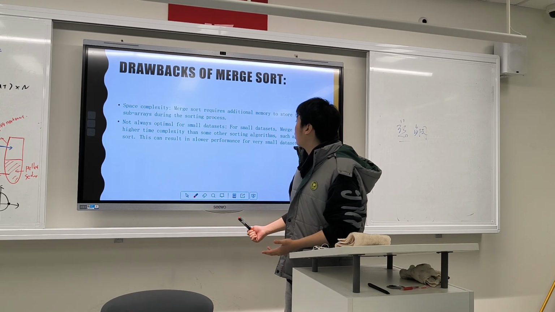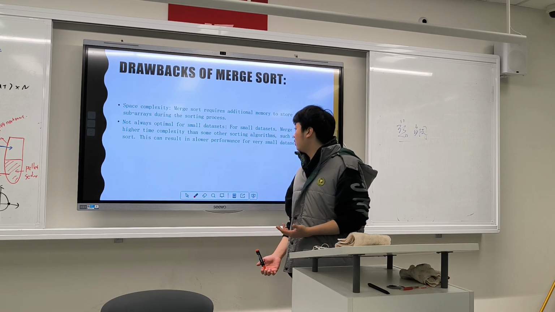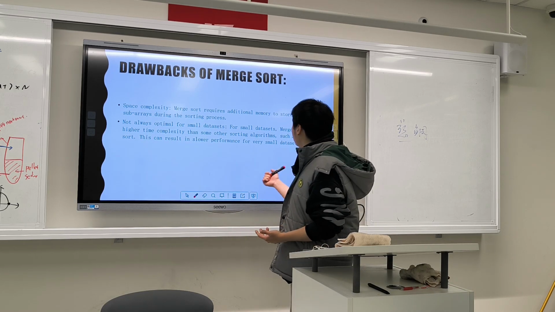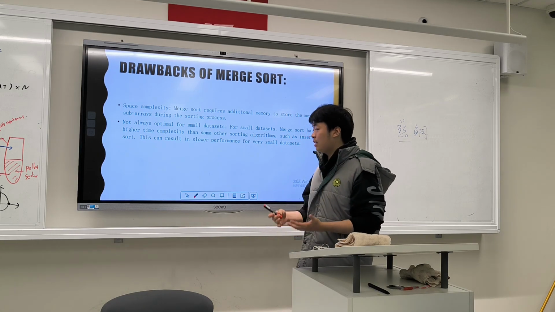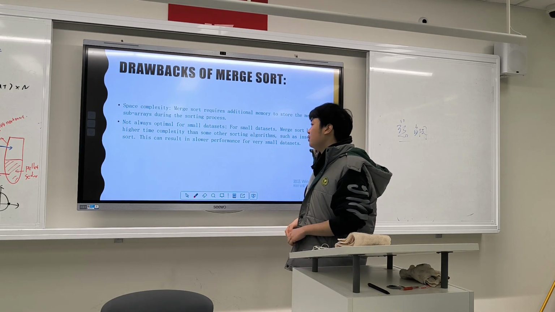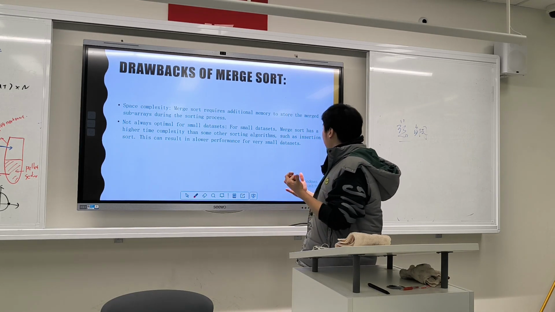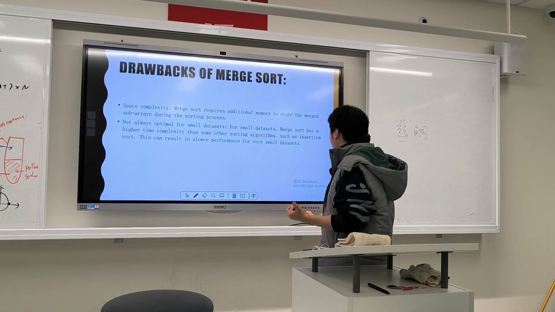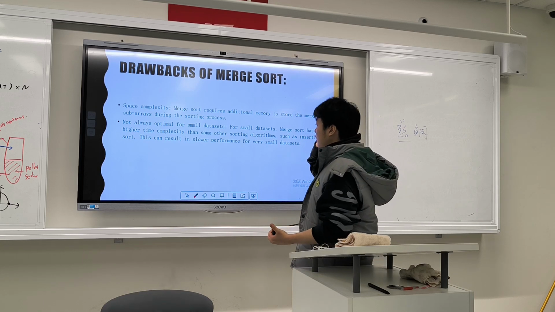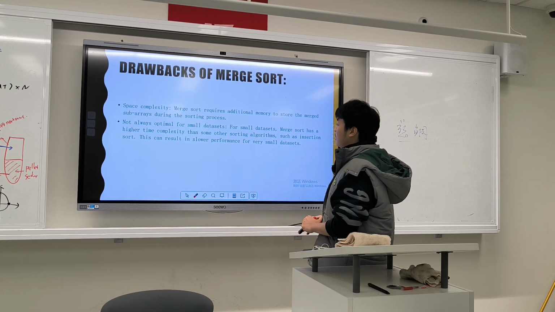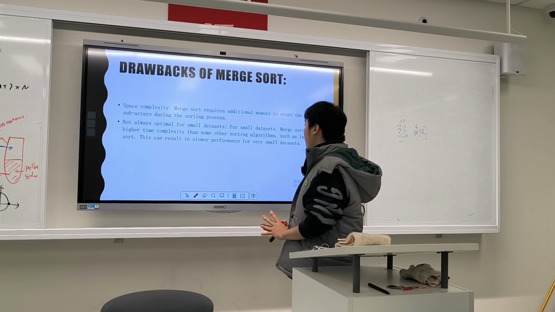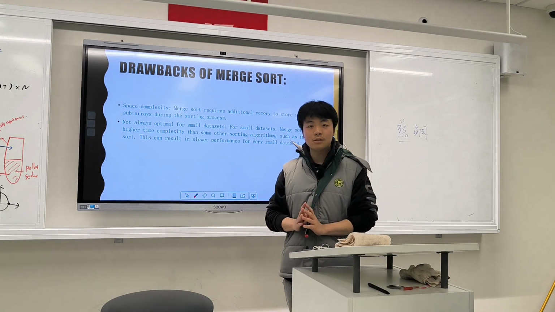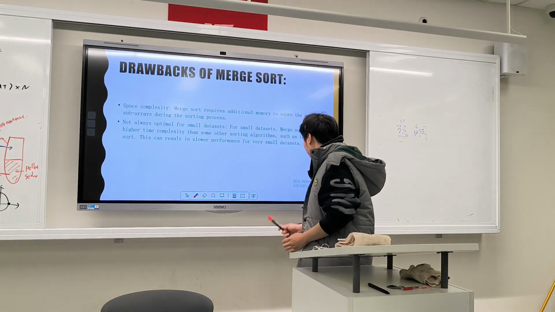And it is not always optimal for small datasets. If the dataset is very small, there are some sorting algorithms that have better performance, like insertion sort. So if the data set is small, merge sort is not the best choice.